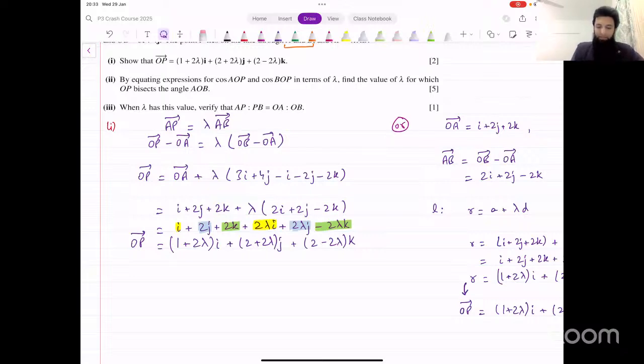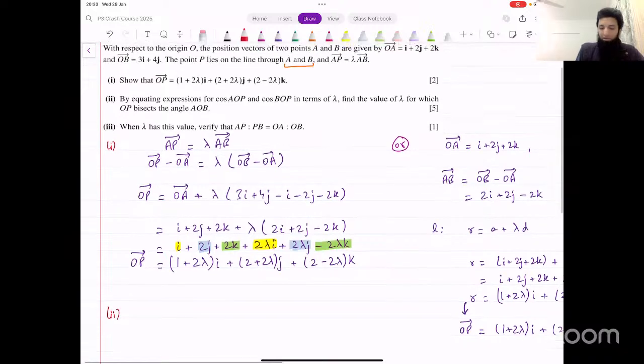Okay. Let's look at the second part now. In the second part, they say, by equating expressions for cos AOP and cos BOP in terms of lambda, find the value of lambda for which OP bisects the angle AOB. Okay. Now, first of all, let's follow instructions. What are they asking for?